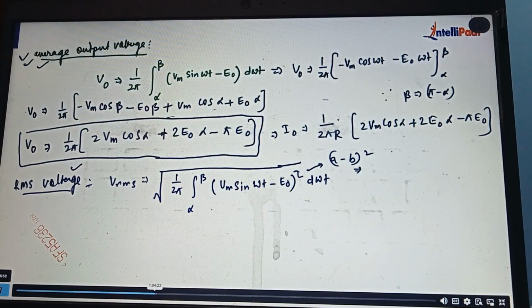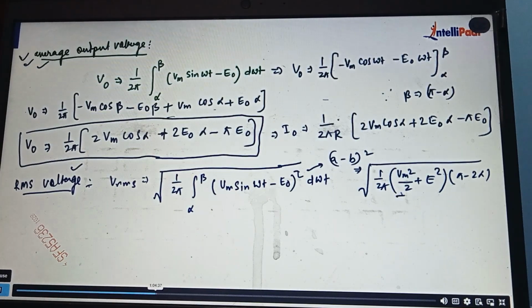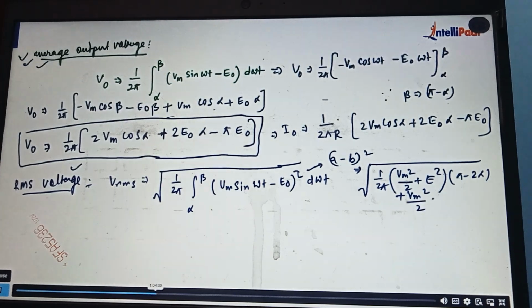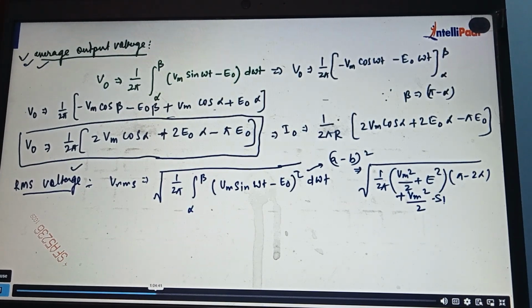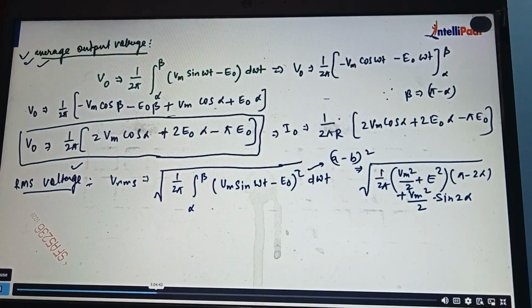If you open it, the result would be, I'm writing this result here directly because I have done this analysis: Vm square by 2 plus E square (pi minus 2 alpha) plus Vm square by 2 into sine 2 alpha, sine 2 alpha, minus 4 Vm E cos alpha.